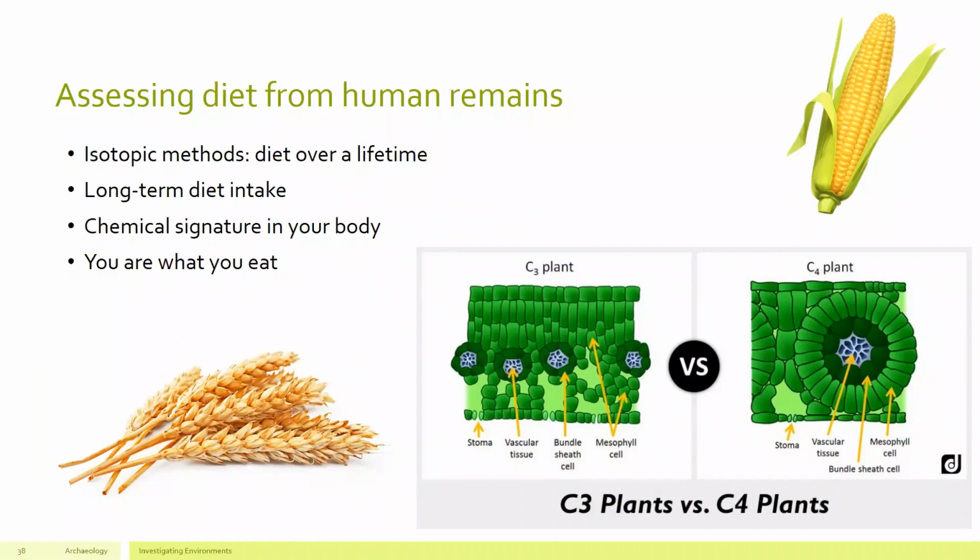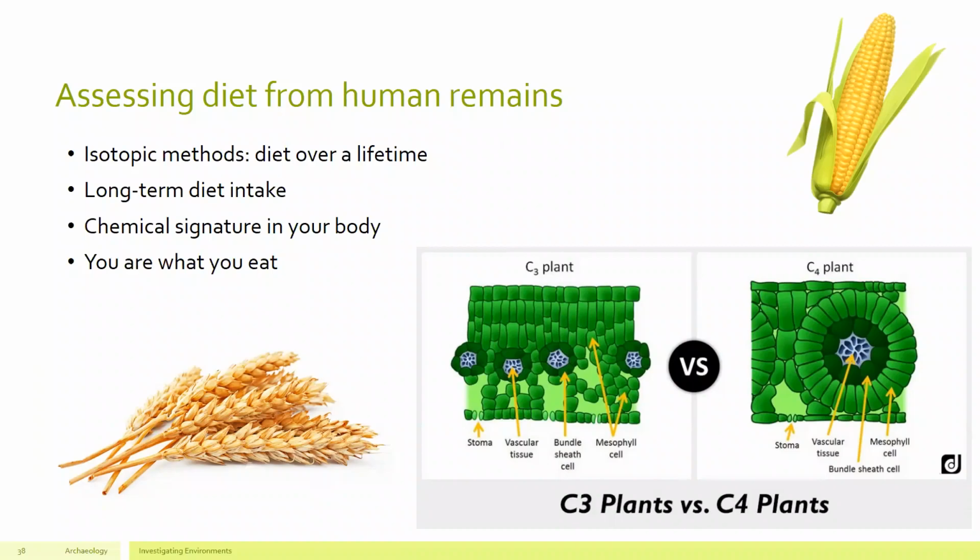A couple of different things to point out. For example, you have different types of plants. If you're looking at isotopes, you can look at carbon-3 or carbon-4 plants. Carbon-3 plants like wheat and barley are temperate, and there's a different process for them absorbing and integrating the carbon from the atmosphere than a C4 plant, which is like corn, a tropical plant, even though you may now find corn at latitudes such as southern Canada.